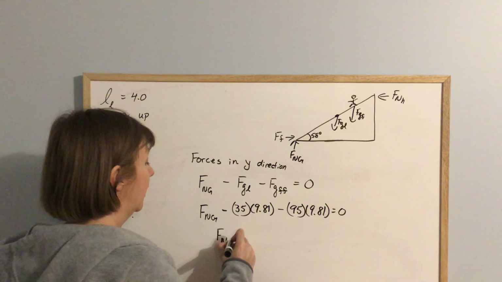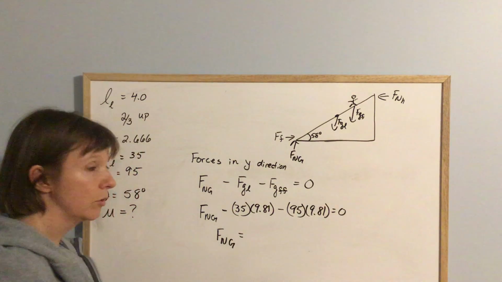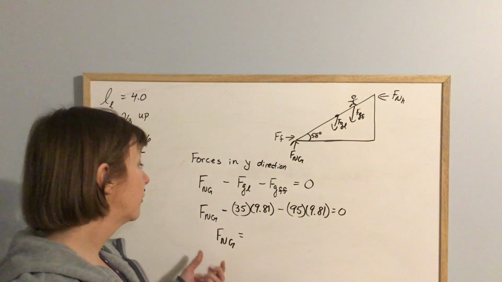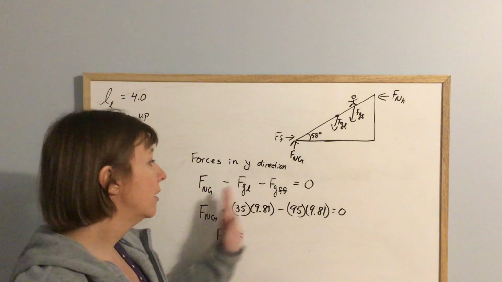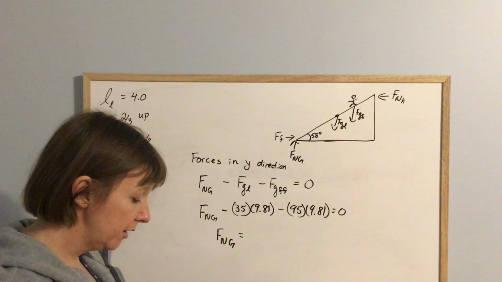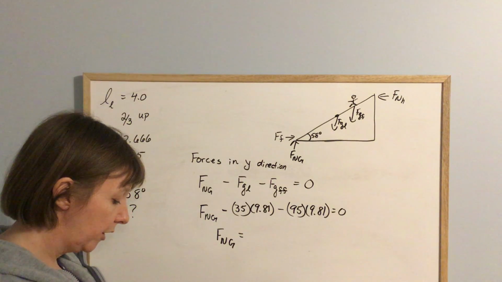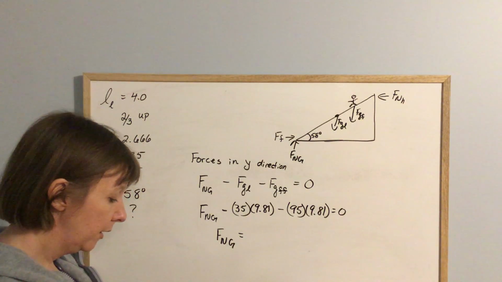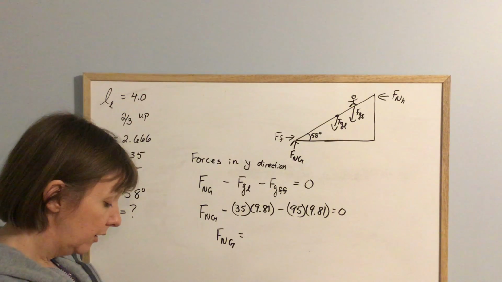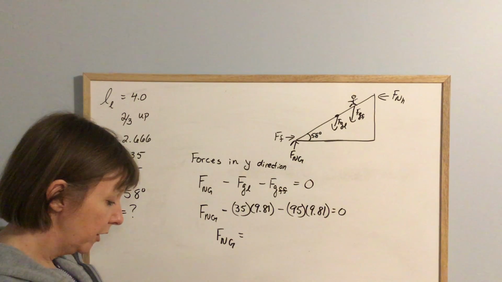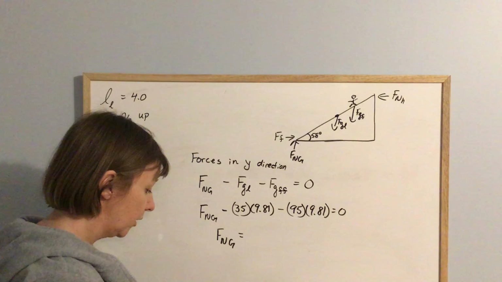So I can actually figure out what the normal force of the ground on the ladder is by moving those over to one side and working that out. So 35 times 9.81 plus 95 times 9.81 gives me the wrong answer.